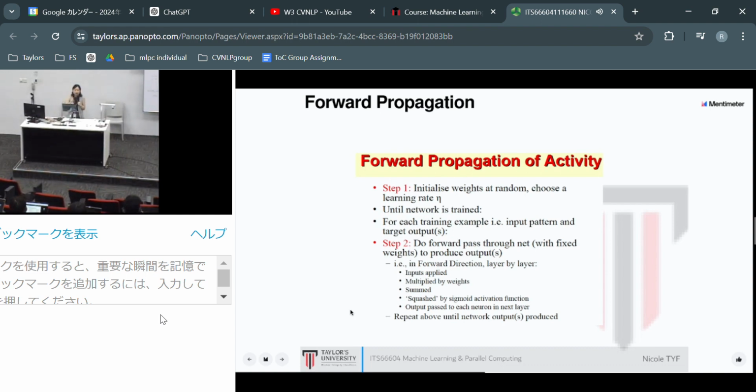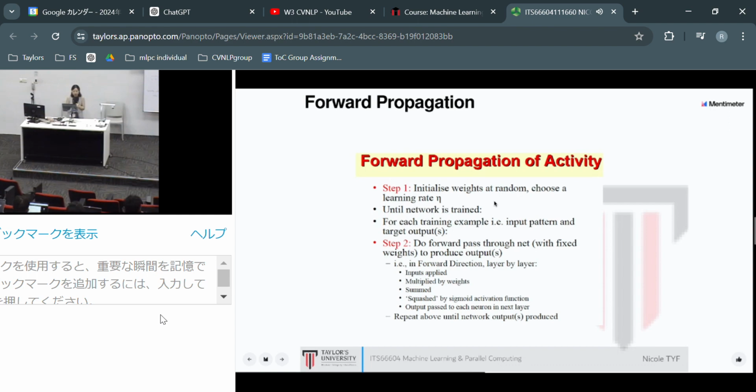So the first time our network sees our data, it will just randomly assign some values to every single W. So it is going to produce a lot of errors towards the end, as the first output. Now with these initialized random weights, it is able to pass through the net to produce a certain output.